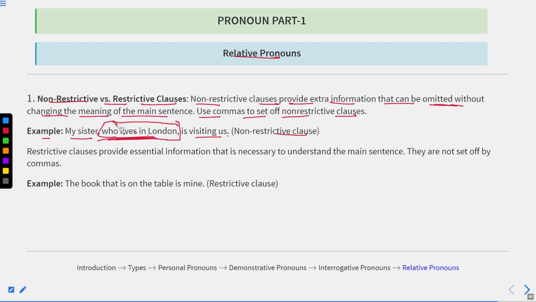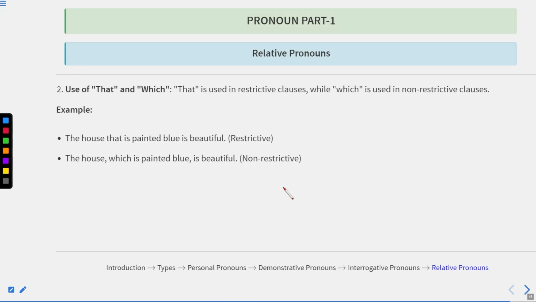But if we write the sentence in a flow and we are not using commas to set off the words, and the entire information is related to the subject and is important and cannot be omitted, then it is known as a restrictive clause. The book that is on the table means we are talking only about that book which is on the table. Okay, so this is a restrictive clause.